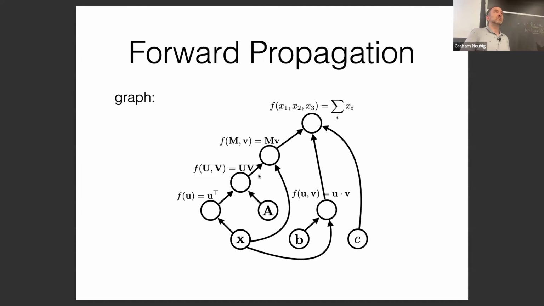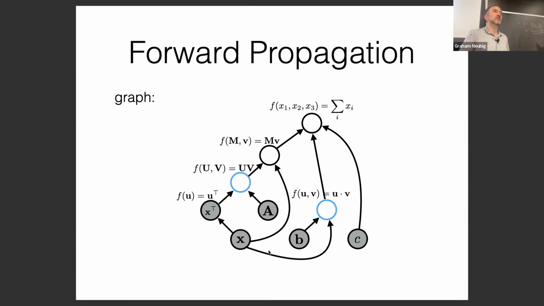So let's say we finished our graph construction step. The next thing that we can do is we can actually calculate the values. All of these are inputs, so we know their values ahead of time. And then we do a topological sort of the graph and find all of the ones that don't have any uncalculated inputs, and we can calculate those in arbitrary order. So we calculate that one.